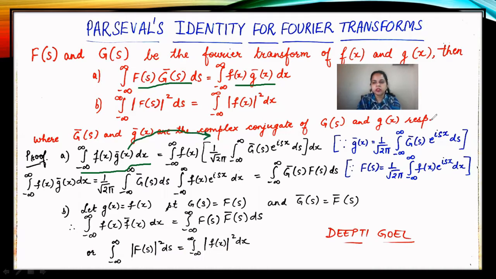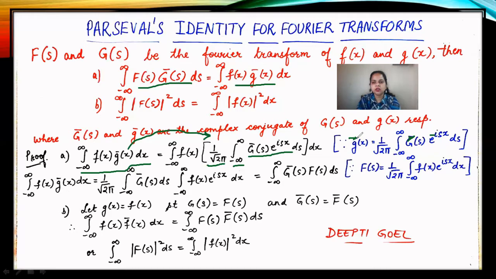So using the definition of the inverse Fourier transform, we can write this g bar x as 1 by root 2 pi integral minus infinity to infinity g bar s e to the power iota sx into ds. Now, what has happened? If we have taken g(x), then g(x) is nothing but 1 by root 2 pi g(s) e to the power minus iota sx.